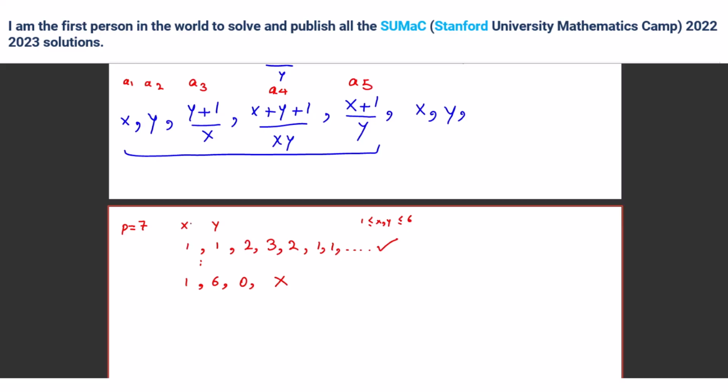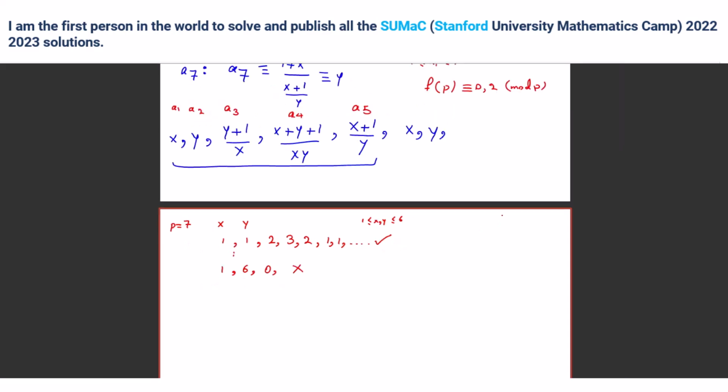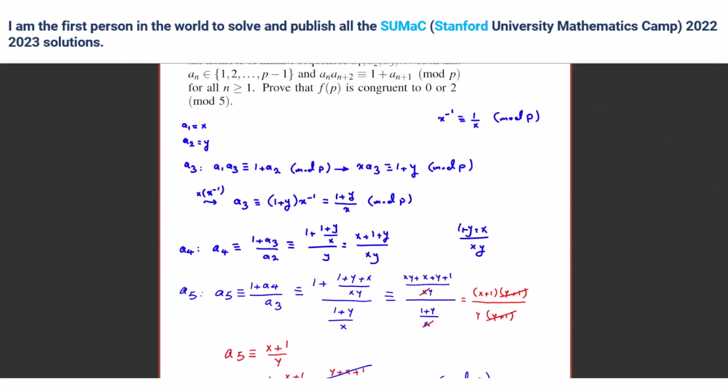Now, how many x and y should we check for p equals 7? We should check 36 cases. x can be 1 to 6, y can be 1 to 6, and if you check all of them, the number of good sequences should be 0 or 2 mod 5.